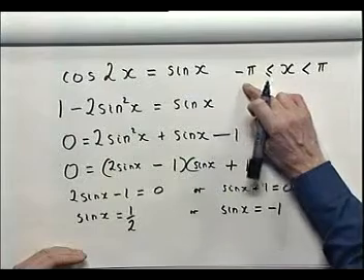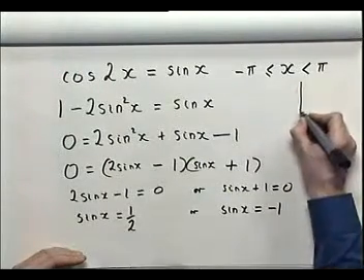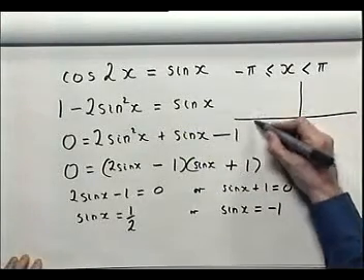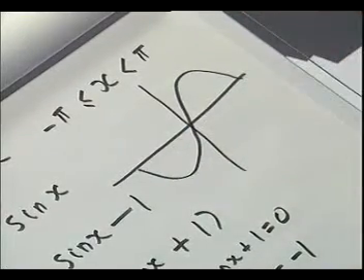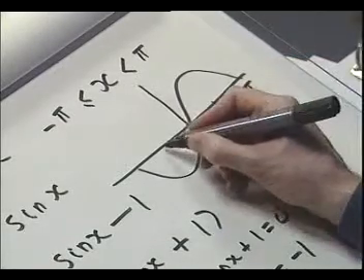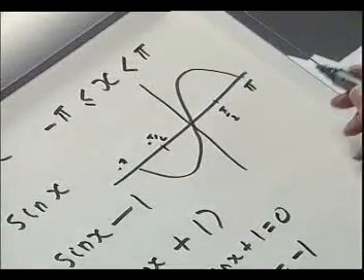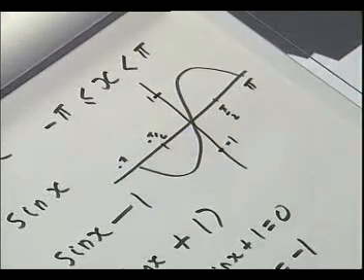We've now got to extract the values of x from this information, and those values of x must be between plus and minus pi. So let's sketch the graph of sine x between plus and minus pi. And there's the graph. There's pi, pi by 2, minus pi by 2, and minus pi. And it goes between 1 and minus 1.